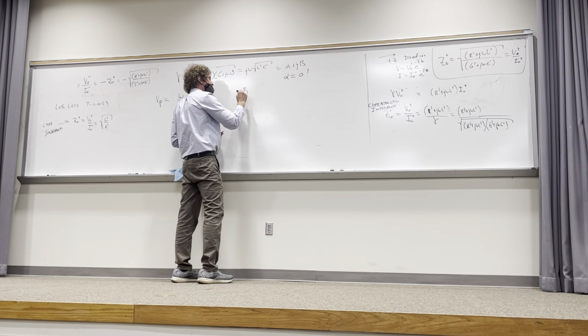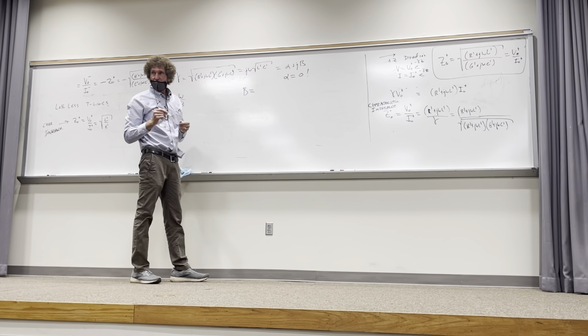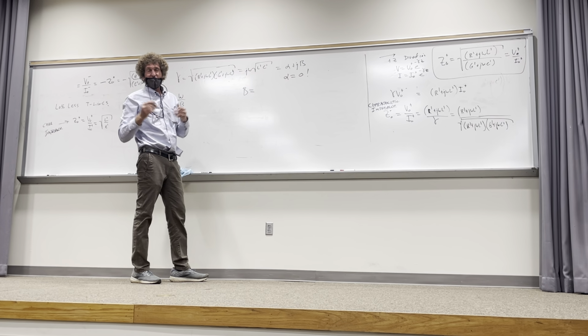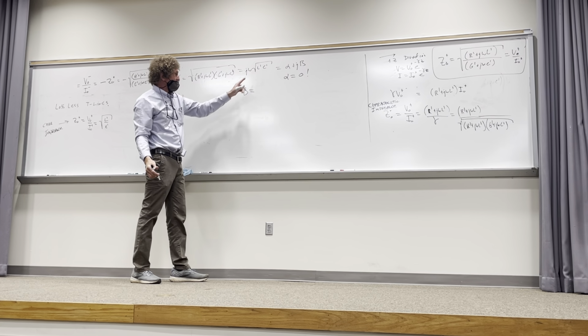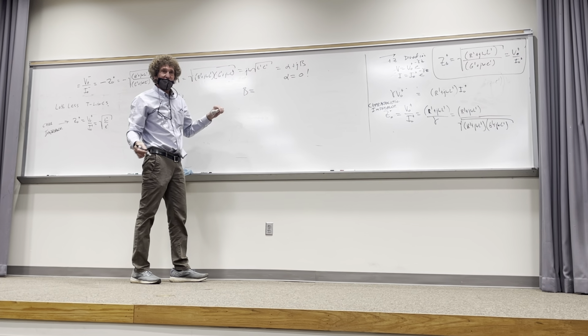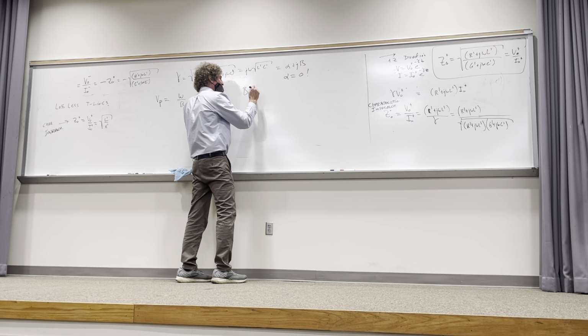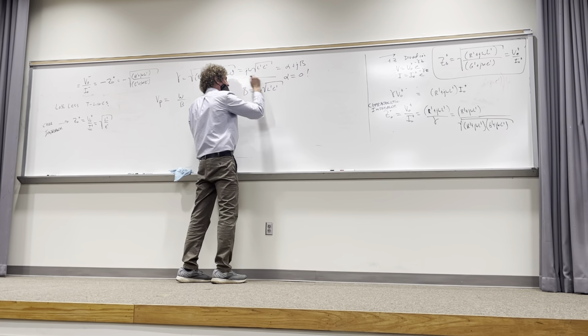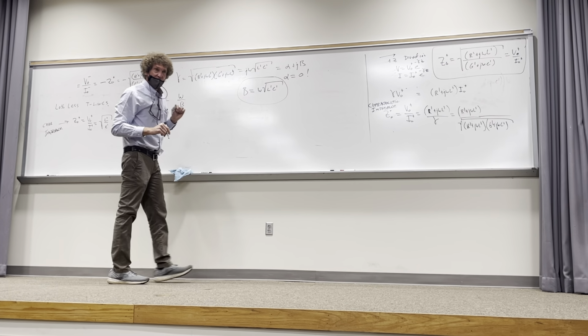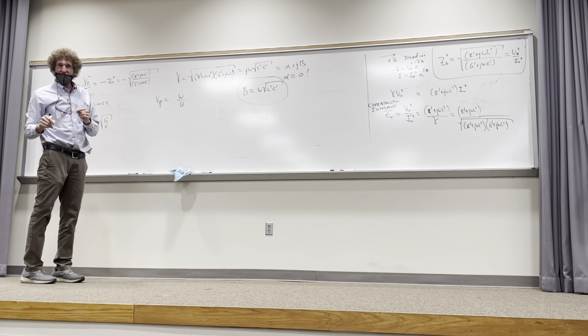Class? Anyone? Everyone? Come on. Sure, it's just omega square root of L times C, right? So it's omega square root of L prime C prime, right? So what's the phase velocity?